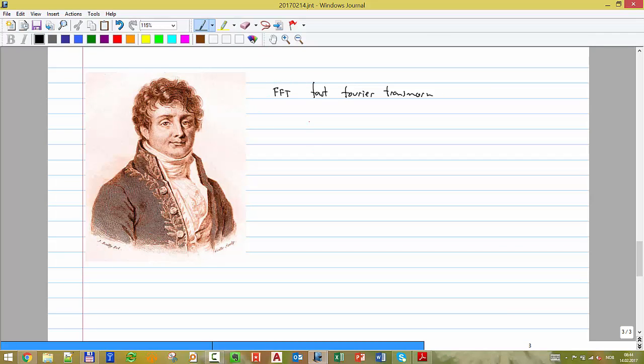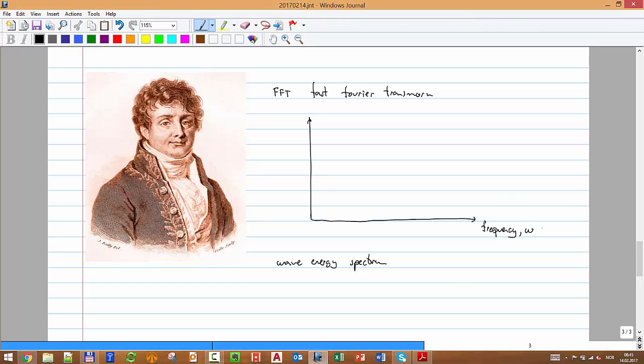If you apply FFT, you're going to obtain at the end a graph that is called the wave energy spectrum. On the x-axis you have the frequency, usually represented by the letter omega, in radians per second.